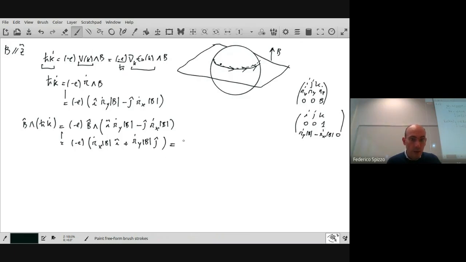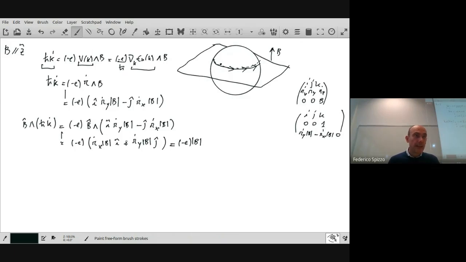Just to write in a more compact way, here I have minus e, then I have b modulus in both terms, so I may collect b modulus. Then I have the derivative of rx, the derivative of ry. So I have the derivative of the position vector, but just in the xy plane.